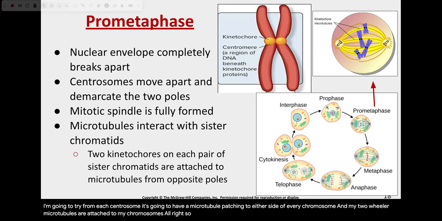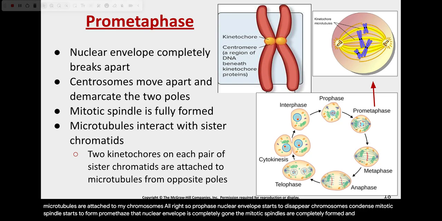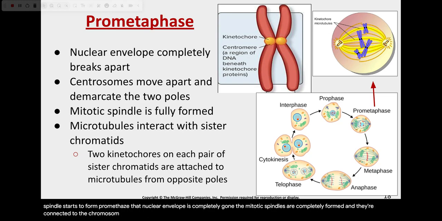All right, so prophase: nuclear envelope starts to disappear, chromosomes condense, mitotic spindle starts to form. Prometaphase: that nuclear envelope is completely gone, the mitotic spindle is completely formed, and it's connected to the chromosomes.